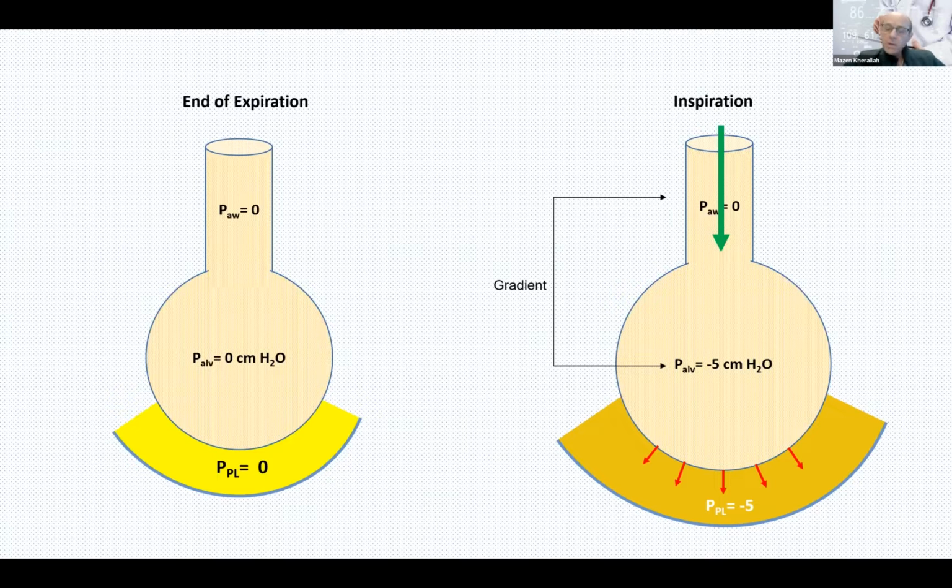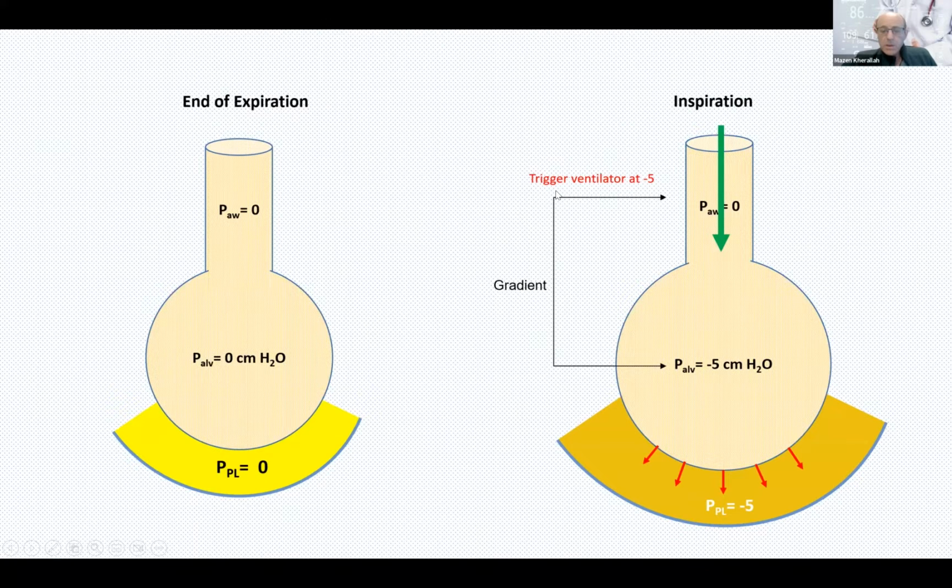Now, spontaneous breath will happen no matter what. However, whether the ventilator is triggered or not depends on what level you set on the ventilator to be triggered. If the ventilator is not triggered, you get a spontaneous breath.